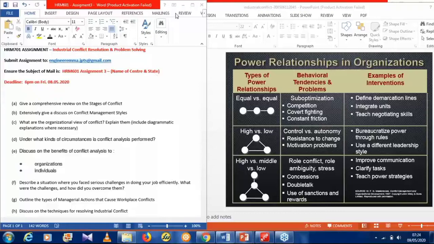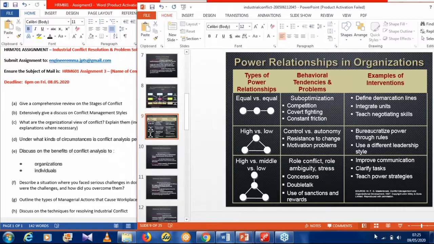In our last class, we continued our discussion on industrial conflict and resolution of problem solving. I was able to also look at live cases.